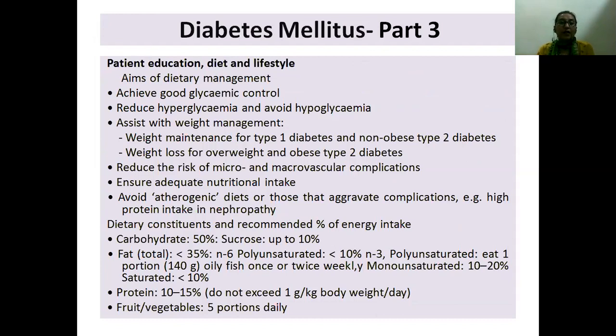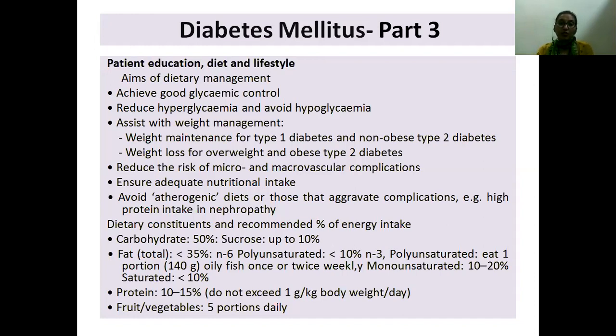Now, for the management of diabetes mellitus, what is the role of patient education, diet, and lifestyle? The aims of dietary management are to achieve good glycemic control, to reduce hyperglycemia and avoid hypoglycemia. Weight management is very important: weight maintenance for type 1 diabetes and non-obese type 2 diabetes, and weight loss for overweight and obese type 2 diabetes.